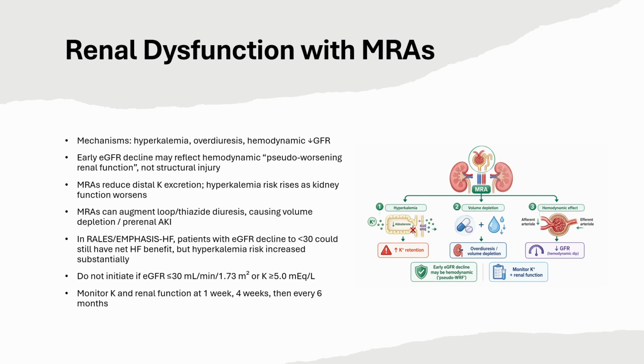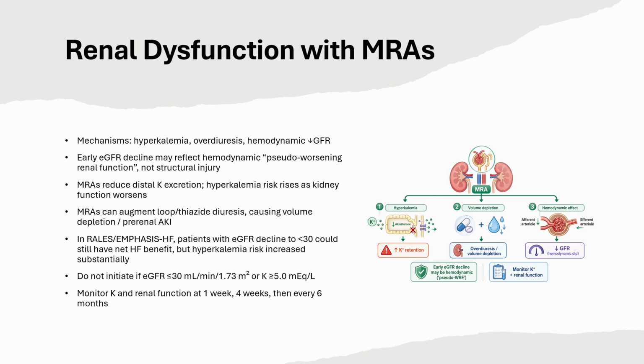These studies show that even when patients' eGFR fell to less than 30 during therapy, patients still derive mortality benefit from continued treatment, but the risk for hyperkalemia increased substantially when compared with placebo. This is often referred to as pseudo-worsening renal function, similar to what occurs with ACE inhibitors and ARBs.